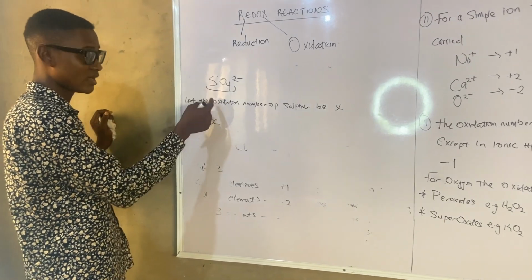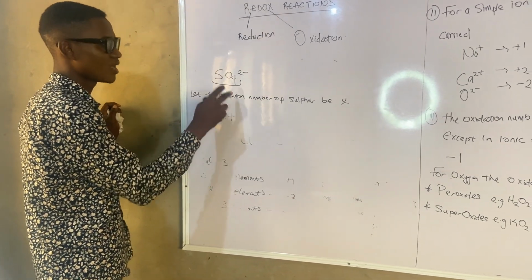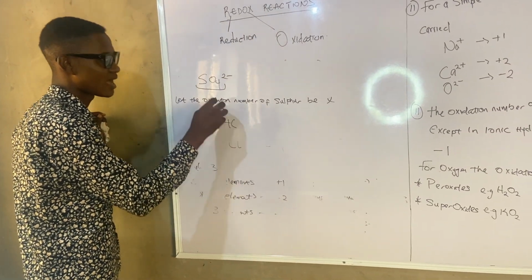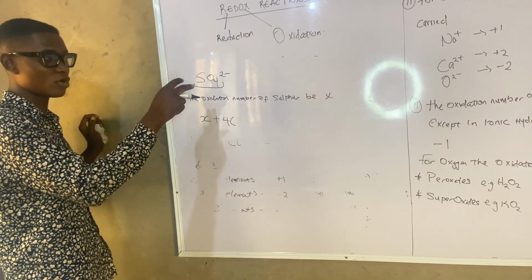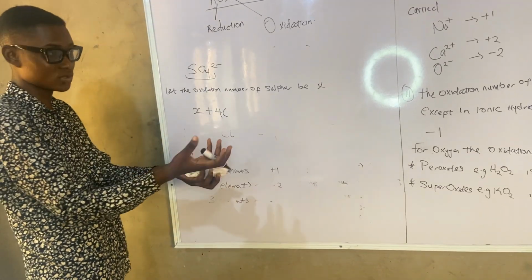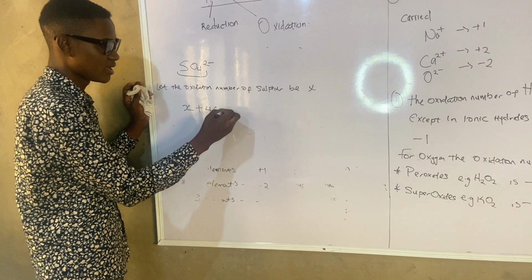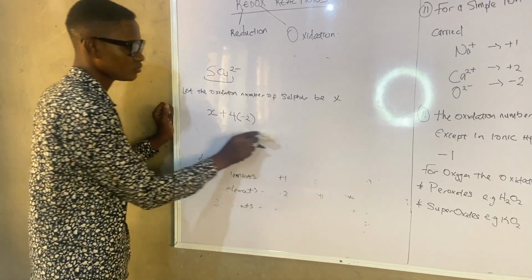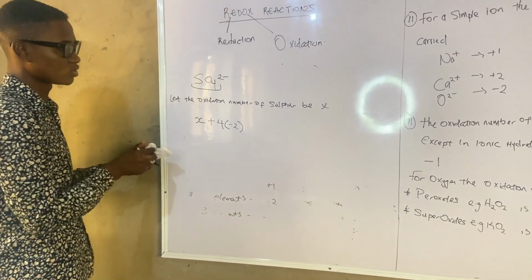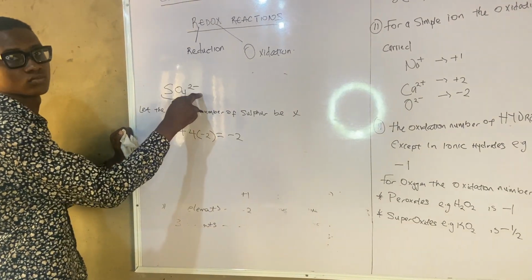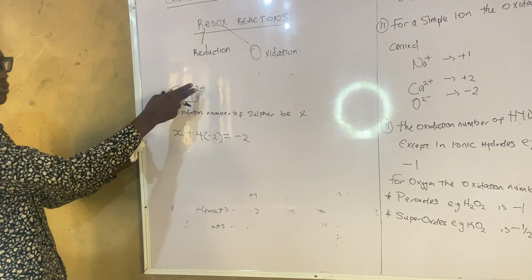So we have X plus, we have 4 atoms of oxygen here, so plus 4 into brackets. And what is the oxidation number of oxygen here? Minus 2, since if you check the rules, it's normal. Everything equal to what? Minus 2 on top, because that is the charge on the ion.